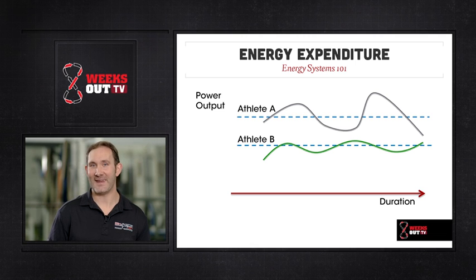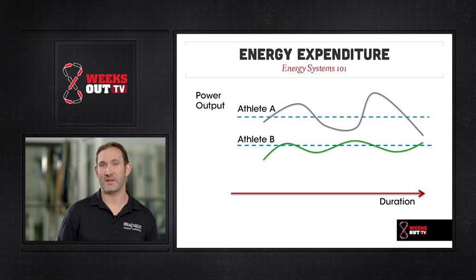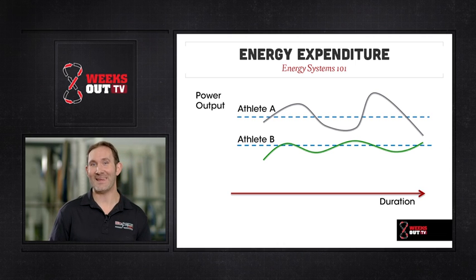If athlete B stays a lot closer to his or her maximum power output, they're going to be able to maintain that over a greater period of time. And if we look at the graph, by the end of the time period, their power output could be the exact same, or athlete B ultimately could be producing more power than athlete A, simply because athlete A chose to not stay within their range.